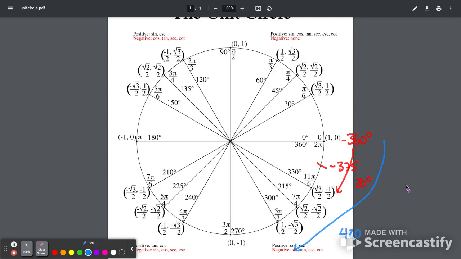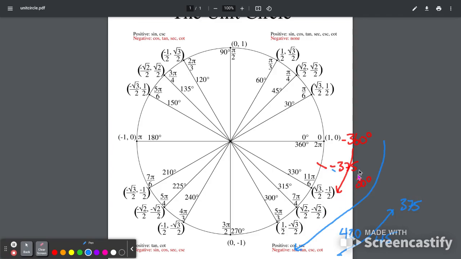If I take away 45 degrees from that, going back 45 degrees, that would put me at 375. And that's what we needed. That's this location right here.